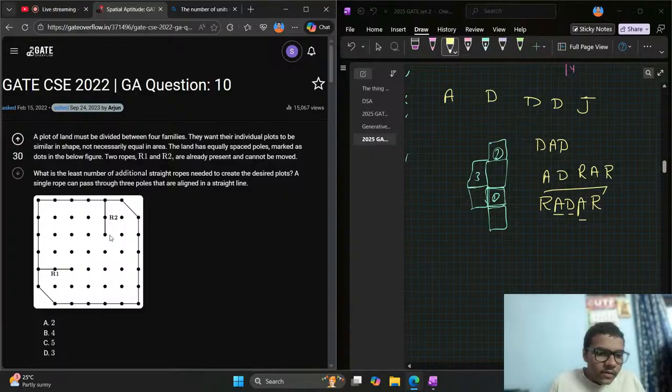Or this and this will be equal, but the rest will not be equal. If you put it like this, right? Wow. You need these to be in shape. Oh yeah, that makes sense.